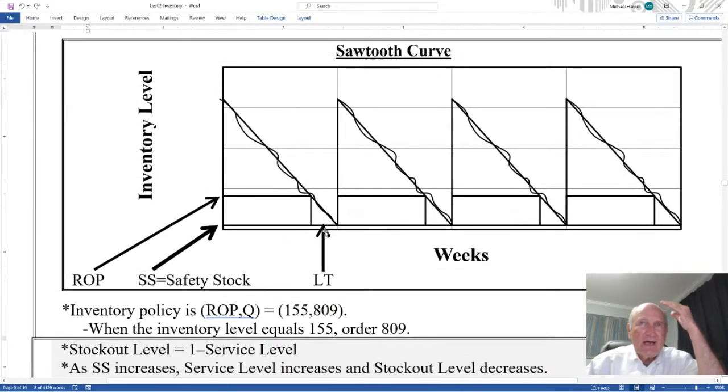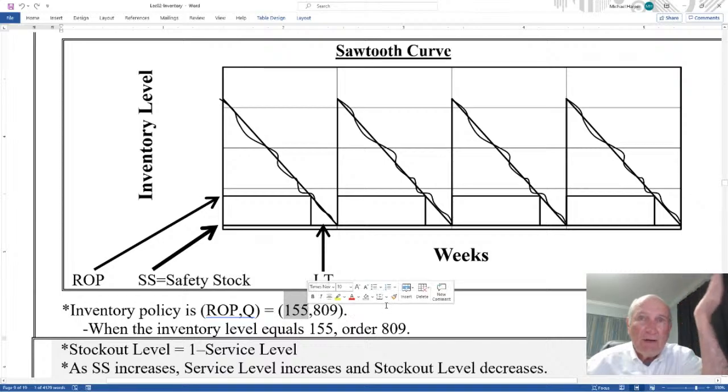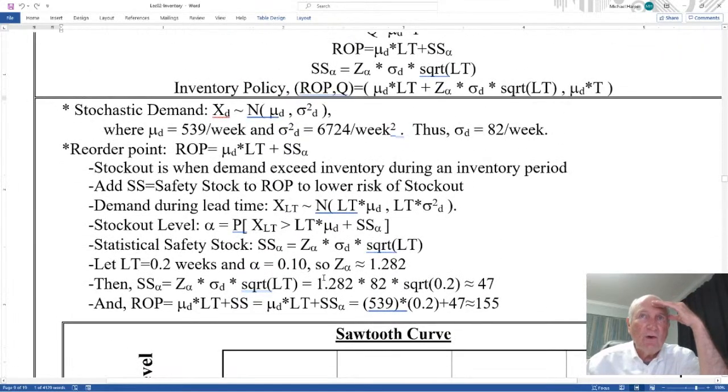So during this lead time, if my demand, it's random, it can be large, small, if my demand is more than 155, I'm going to have stock out. Okay, if it's less than 155, then I'm fine. I'll have extra inventory. But this is random.